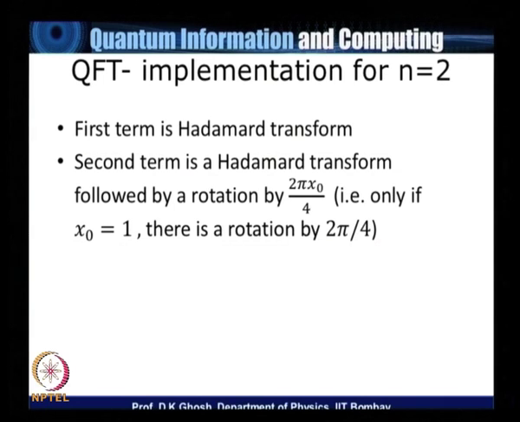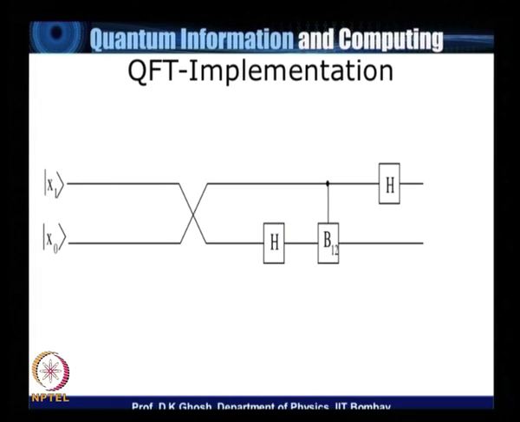Now look at a picture. So this is what we said here, that there is a rotation, selective rotation, depending upon what is the value of x0 in the second one. And a simple circuit will tell you this, that supposing you had x1, x0, now you don't want these operations to just take place on x1, x0. So what I do is, I swap these first.